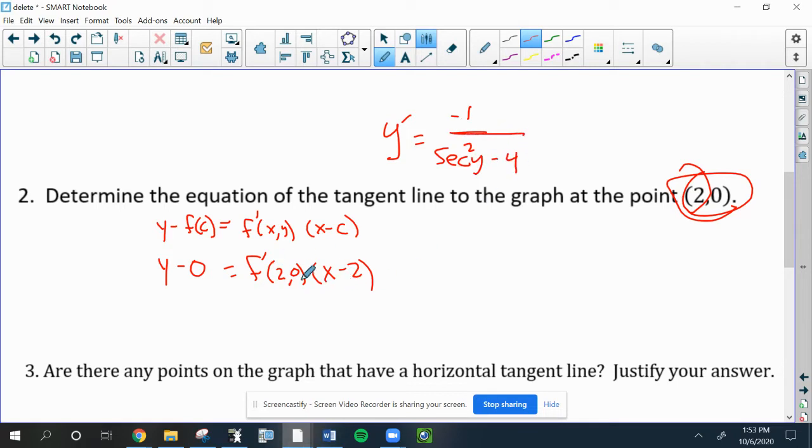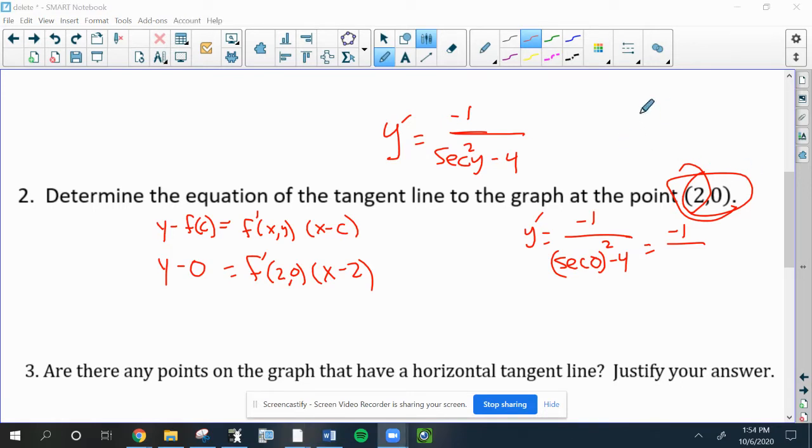So when we plug 2 comma 0 into that, you'll get y prime equals negative 1 over secant squared of 0 minus 4. Secant of 0 is the reciprocal of cosine of 0. And cosine of 0 is 1.